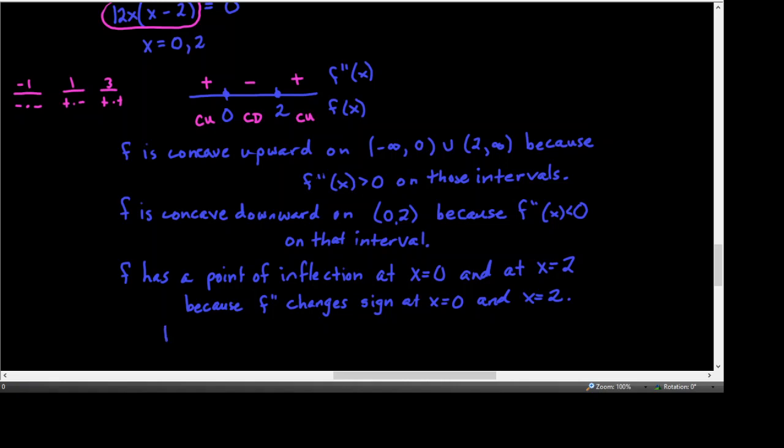So the points of inflection are, one of them is at x equals 0, so the y coordinate will be f of 0, whatever that is, and at 2, comma f of 2, whatever that is.